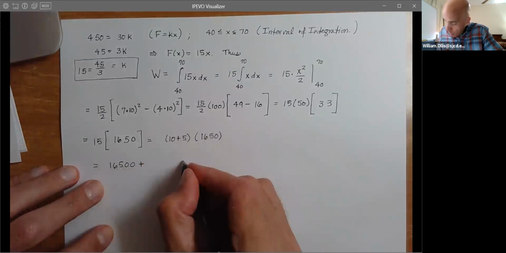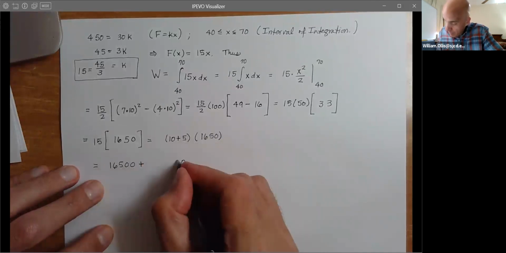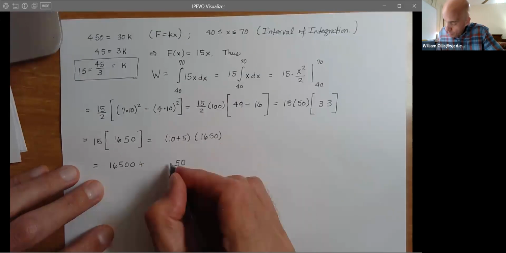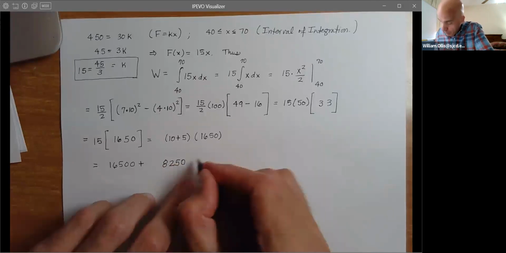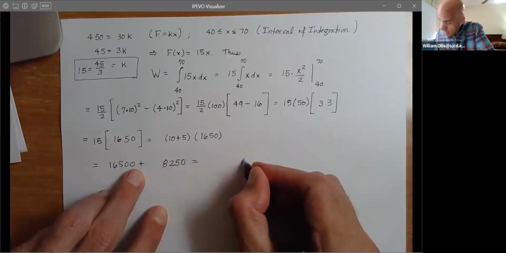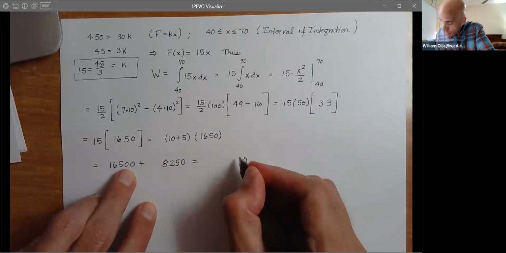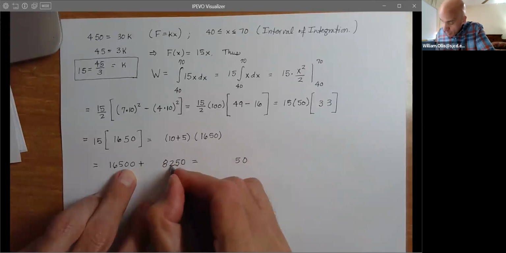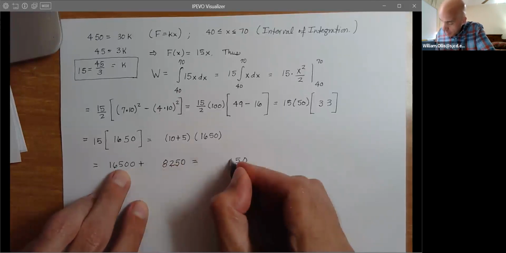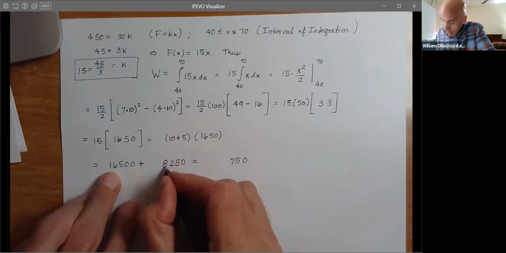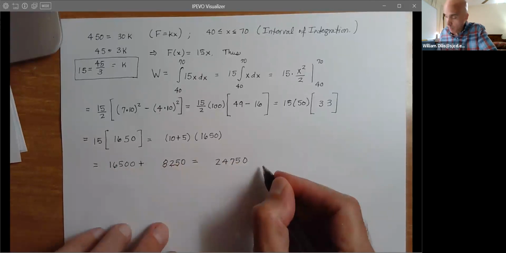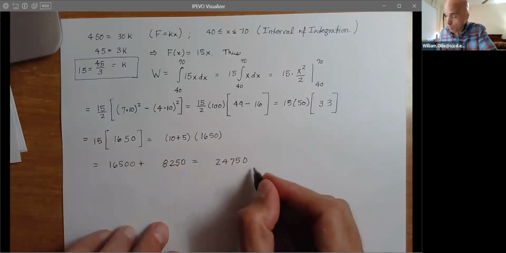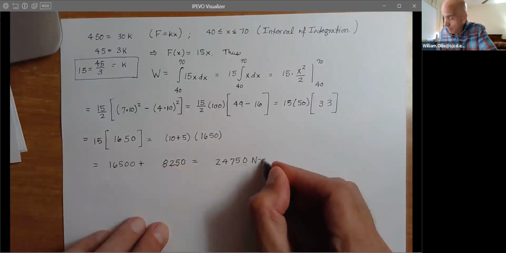And then a 5, that'll give us 8250. So adding, that'll give us a 0, then a 5 and a 0. And then a 2 and a 5, that's a 7. An 8 and a 6 is a 14. So this will give us 24,750 Newton centimeters.